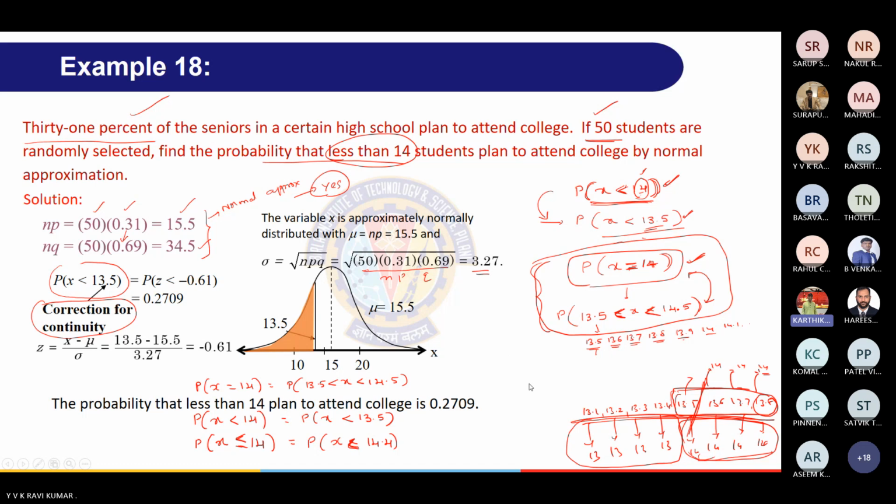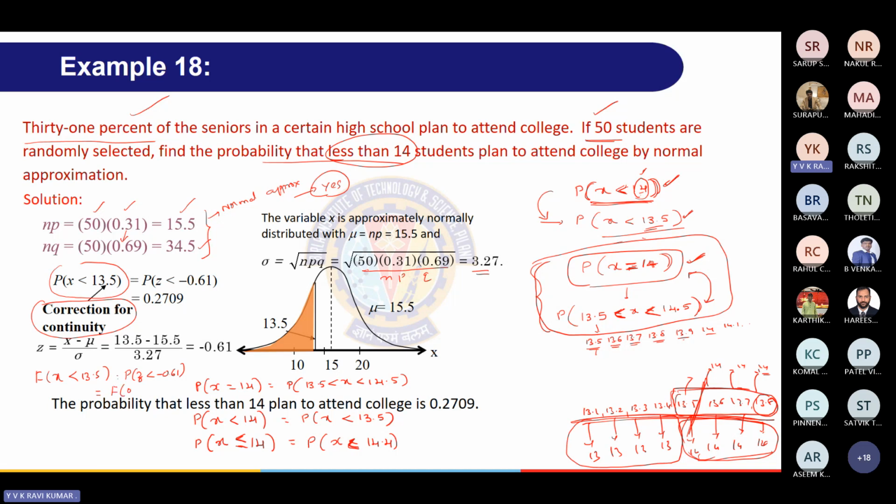Sir, one small question. So 0.279, how will we derive it for this value? From tables. I don't know what kind of table they have taken. Just go back to our problem. Maybe I'll write here. P of x less than 13.5 is nothing but P of z less than minus 0.61. Now, if you observe, for less than we won't do any modification, right?